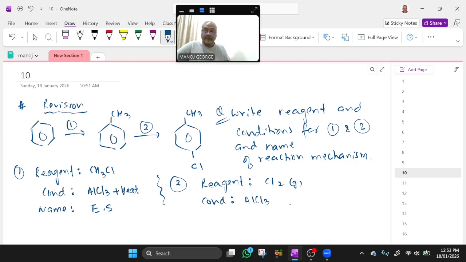AlCl3, just AlCl3 is enough. What was the name of this reaction? This is also called electrophilic substitution. Anyone has any questions? If you have no questions, could you please type NQ?